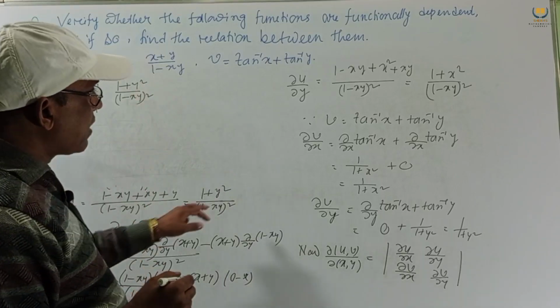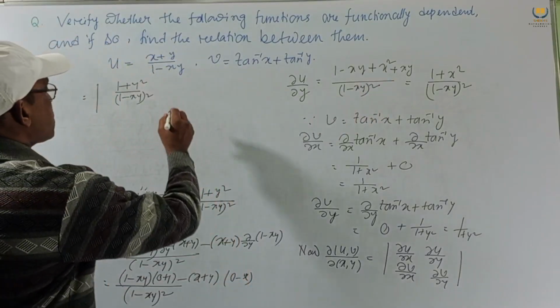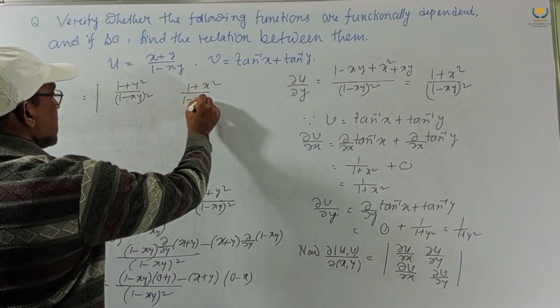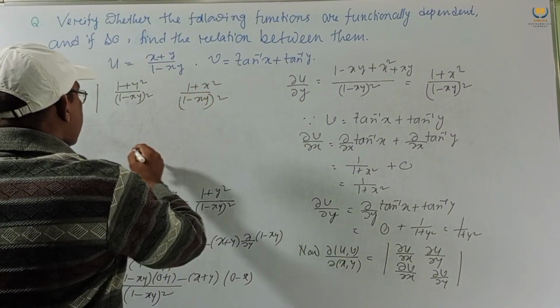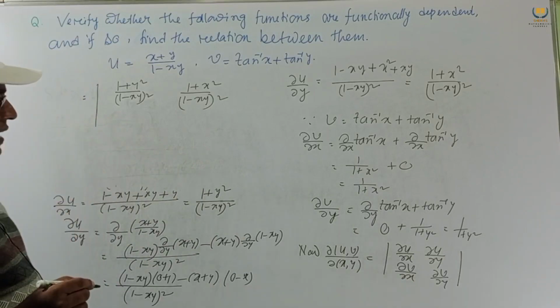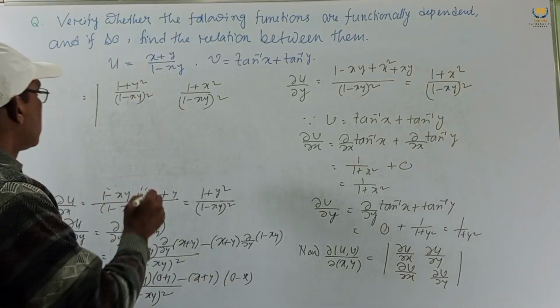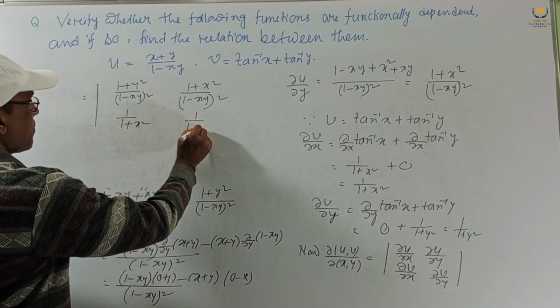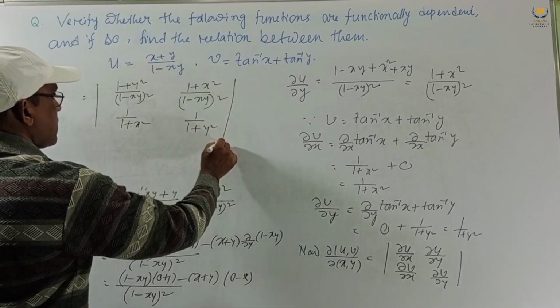Del u del y, we get 1 plus x square by 1 minus xy whole square, and del v del x we get 1 by 1 plus x square. This is 1 by 1 plus y square.